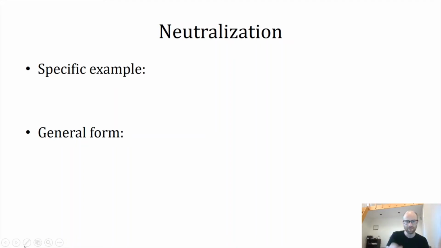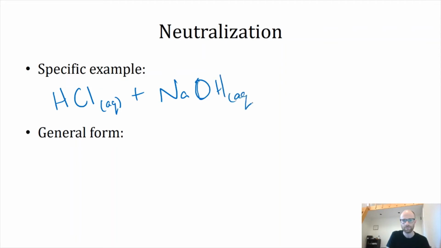So as a specific example, let's pick two substances we're very familiar with. We've used a lot. So hydrochloric acid and sodium hydroxide. In going through this reaction, two compounds reacting, so this should be a double replacement reaction.